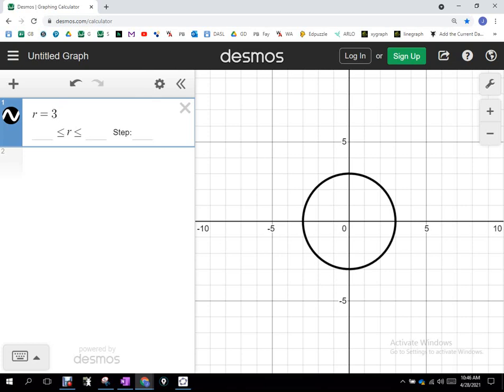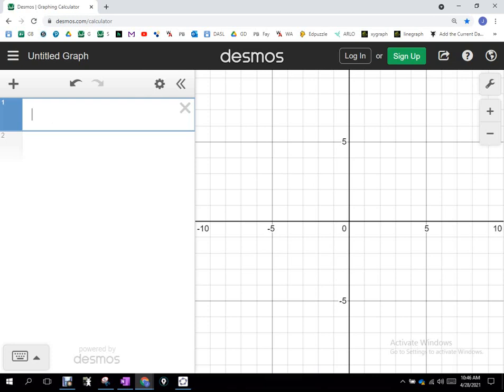Okay, r equals 3 is a very simple formula, which allows us to do some algebra later on a little bit more conveniently than x squared plus y squared equals 9 does. But if I start defining things using this structure, Desmos is going to have issues with me, okay?